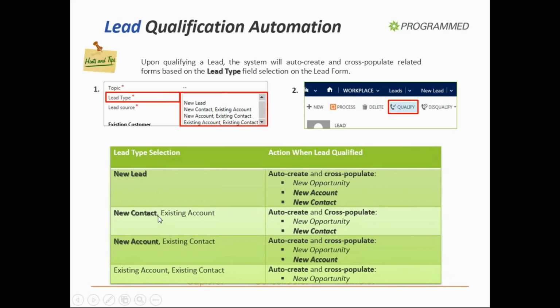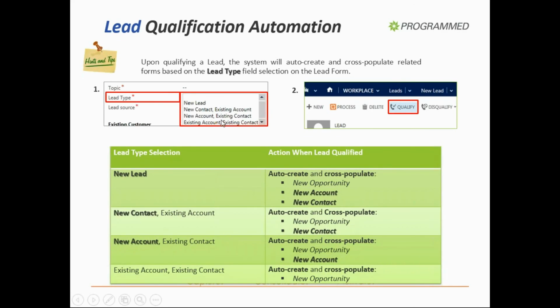So let's say I did a search and I found the account but I couldn't find the contact, and the person that I'm entering in the system is actually a new contact for that business because the former contact has now left that customer business, which might be the case. The system will create only the contact and will not create the duplicate account record, as well as create the opportunity.